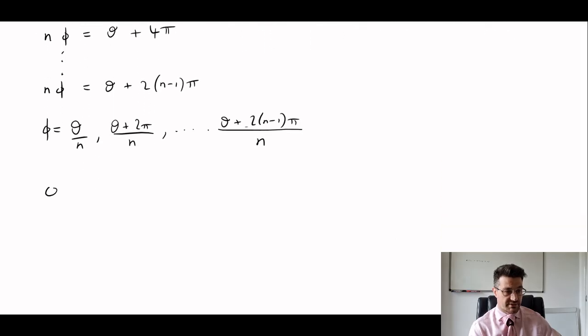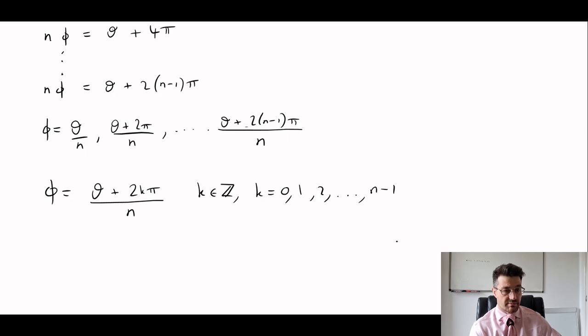So I could say phi is equal to theta plus 2k pi over n, for k an integer, k is equal to 0, 1, 2, up to n minus 1. So notice that there are n values of k here. Each value of k corresponds to, effectively, one of the nth roots.